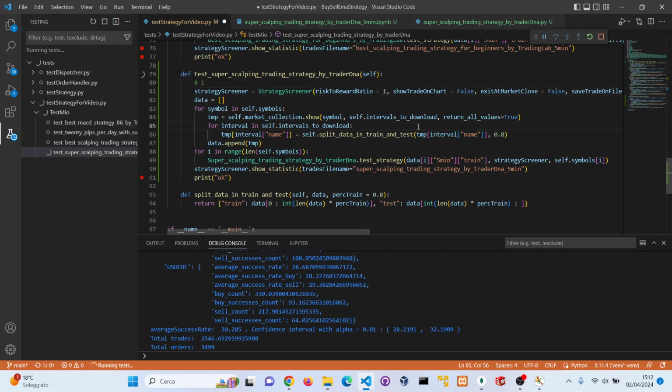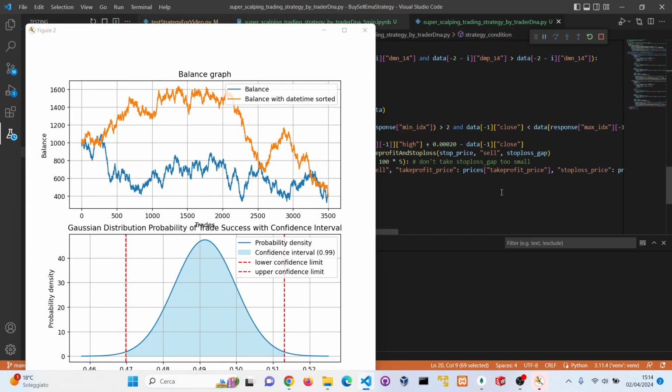I have changed the risk to reward ratio to 1. So let's run again and let's reveal the results. As you can see, you wouldn't have been profitable, but it's better than with the risk to reward ratio of 2.